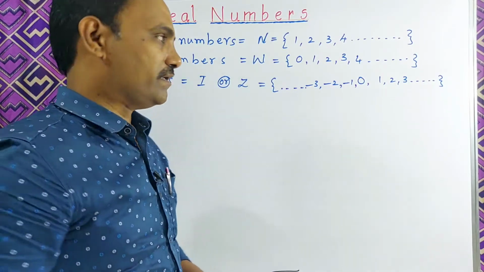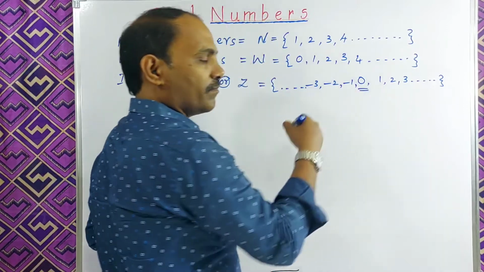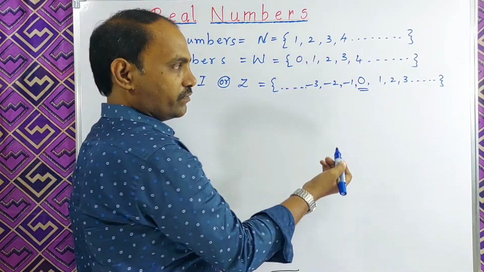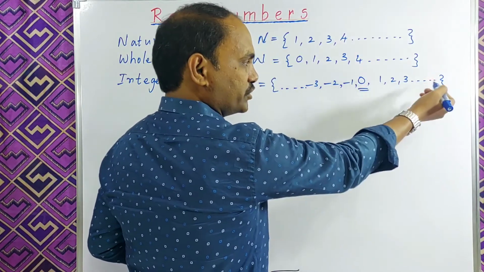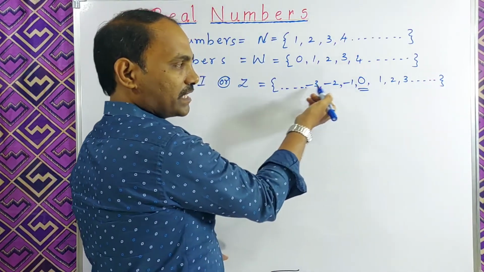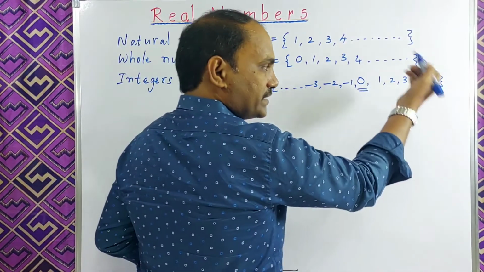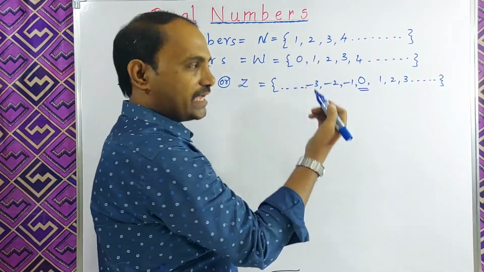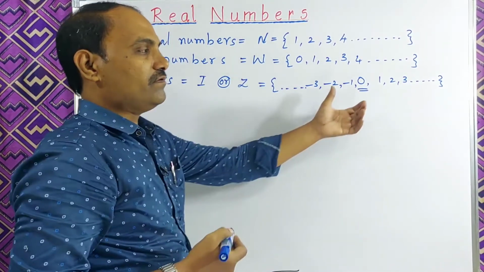One thing to remember here: 0 is neither positive nor negative. The right side of 0 has positive numbers and negative numbers are on the left side of 0. When you move right side, the value increases. When you move left side, the value decreases.